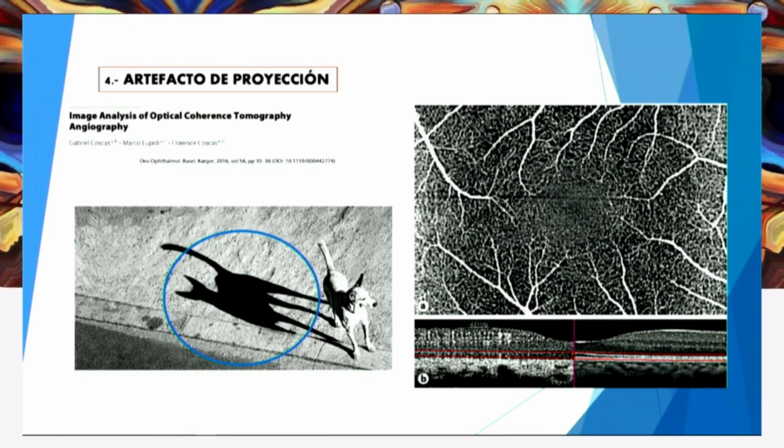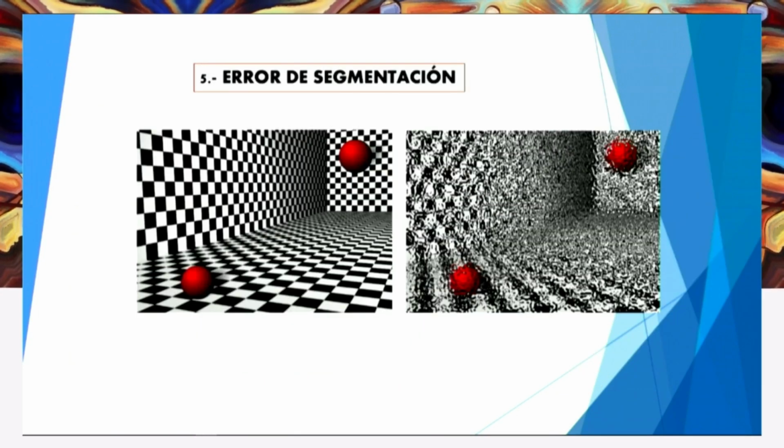And on the image, it looks as if it were the superficial plexus. So we have to really be careful in knowing where the machine is segmenting in order to determine these type of things. There are not that big artifacts present like the one here anymore, but I just wanted to bring this to your attention just so you know that it exists and it may cause a poor interpretation.